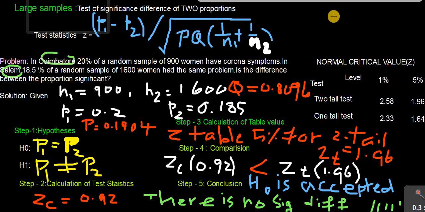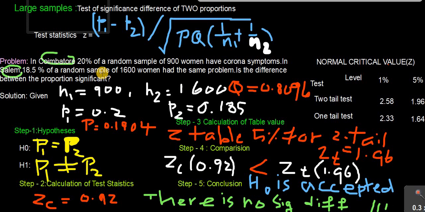Okay, so this is what the problem is about. I repeat again in very short words. In the given problem, in Coimbatore, 900 women were taken and checked for corona symptoms. Out of 900, 20% were affected by corona.